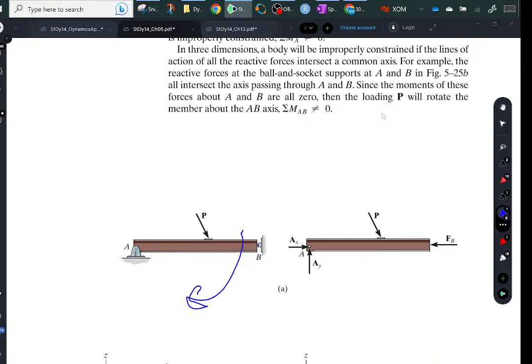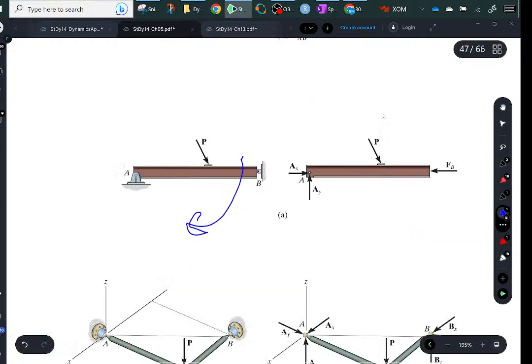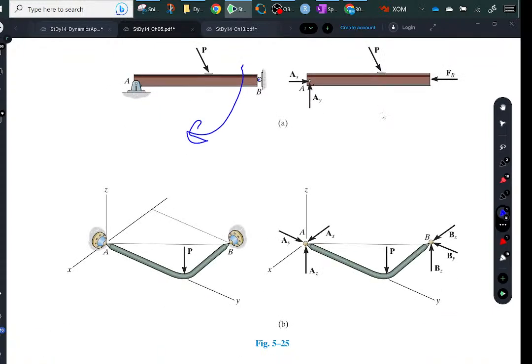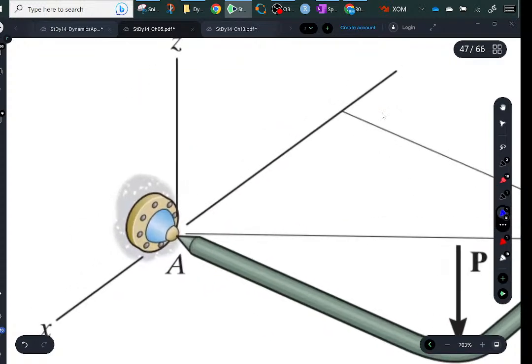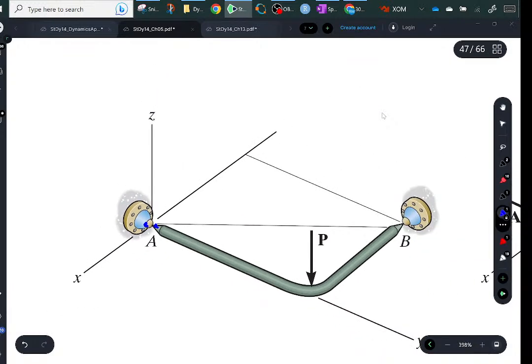It's basically stupid, but you can do this, but you're not going to get what you think out of it. Here's another one where you put a ball joint here, and you push it there. The thing is just going to swing down and be straight vertical until maybe this member hits the edge of the support there, maybe.